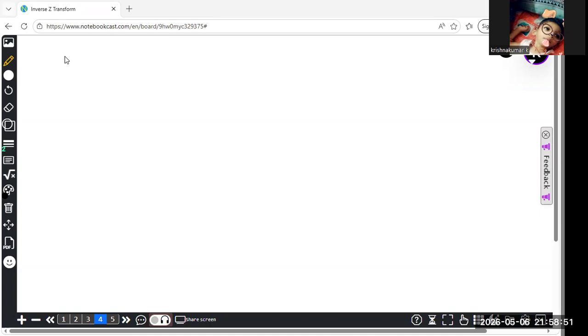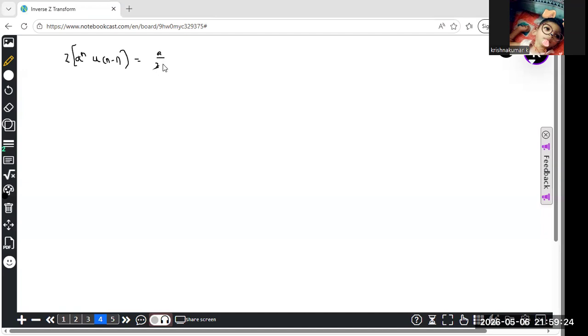So the Z transform of A power n into the unit step function u of n minus 1 will be equal to A by (Z minus A).